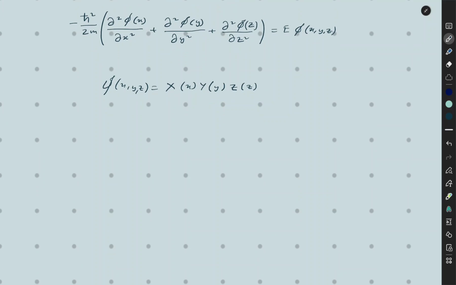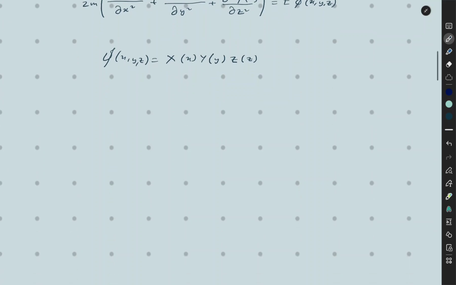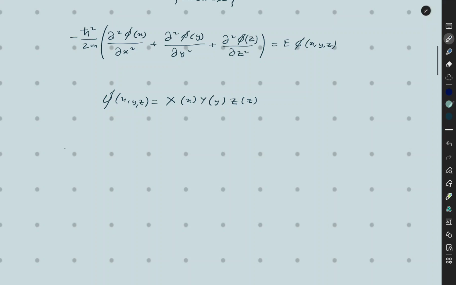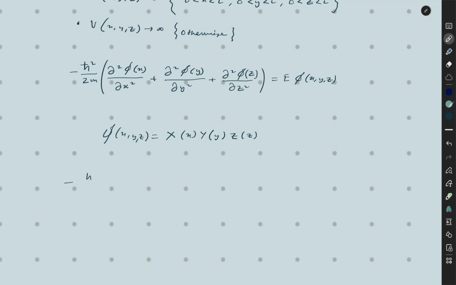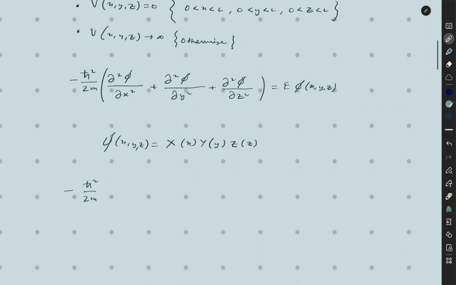So now if we substitute it into our equation, then we will get minus h cut square by 2m. Here we would write phi, because it is a function of x, y, z, so we have to write it as phi of x, y, z. We cannot write phi of x directly.